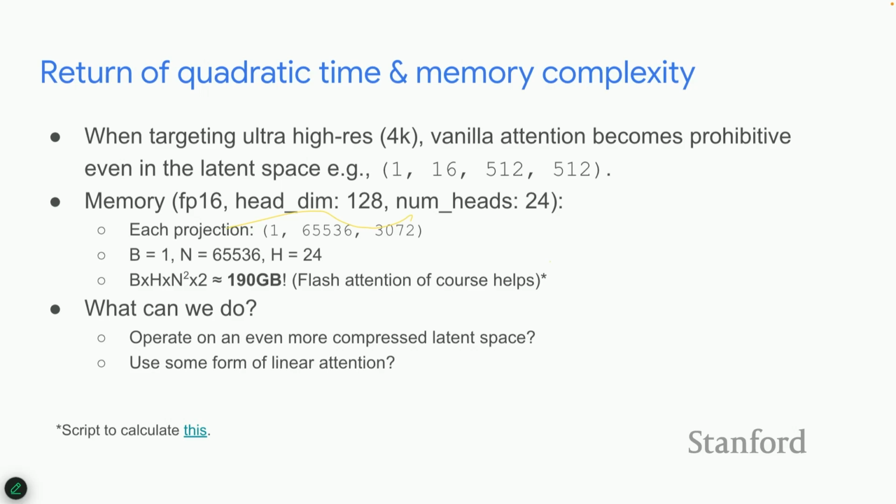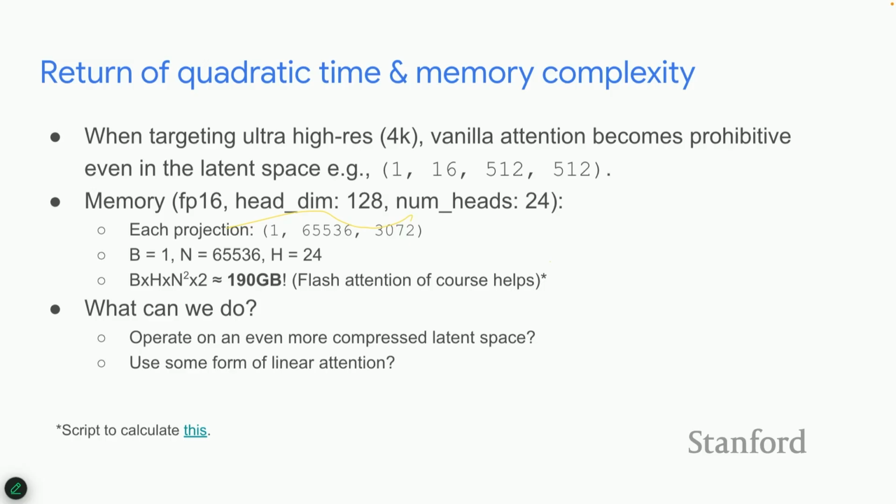And I have some dummy computations here. This is of course not using flash attention. If I were to give you some dummy estimates, it would be like 190 GBs in floating point 16. And this is all reasonable defaults. I mean, I have 24 attention heads, I've got batch size 1, the sequence length is flattened out.